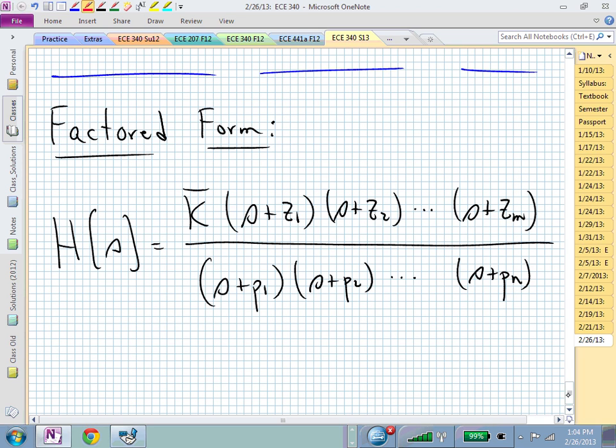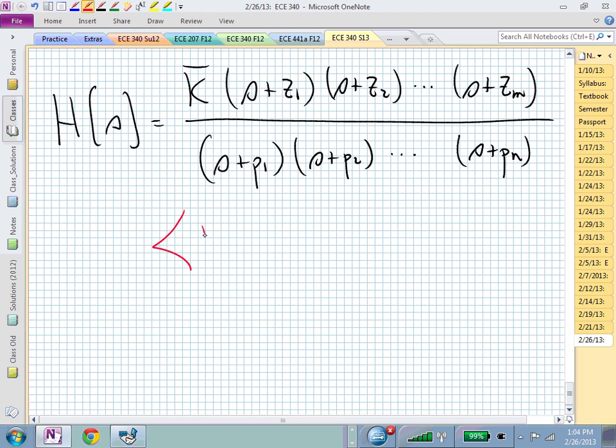This particular form, I can explicitly see where the poles and zeros are just by the values of Z1, Z2, and the P1 and P2. Obviously, I'm looking at what values of S cause each of these factors to vanish. And that will be my pole, or zero, depending on if I'm in the denominator or the numerator. And this is now called the pole-zero form.